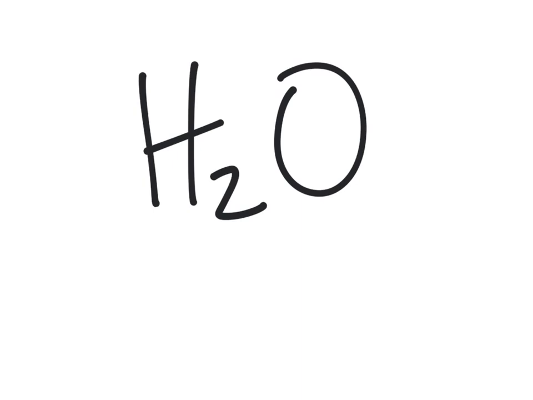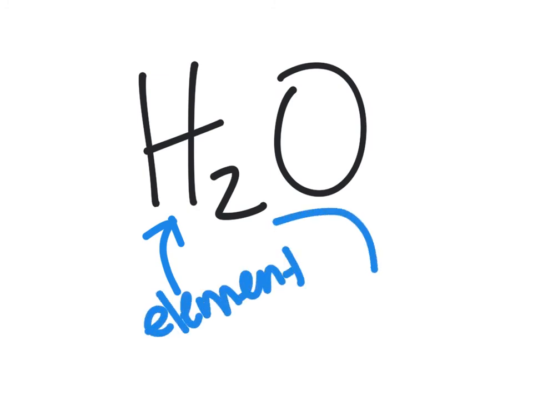And just to make sure everyone's on the same page, let's talk about a chemical formula for a sec. So when we see the combination of letters and numbers here, the big letters symbolize the element, and then the numbers afterwards mean how many atoms of that element are in the compound.